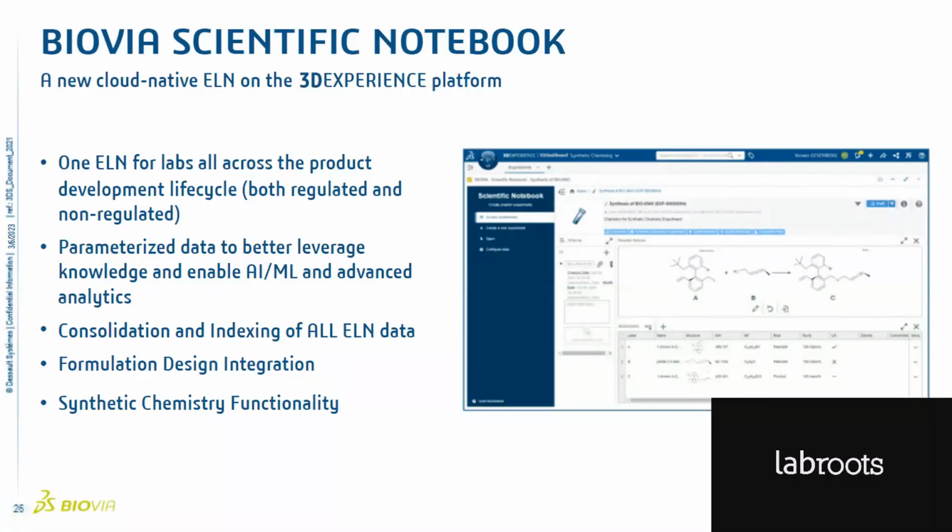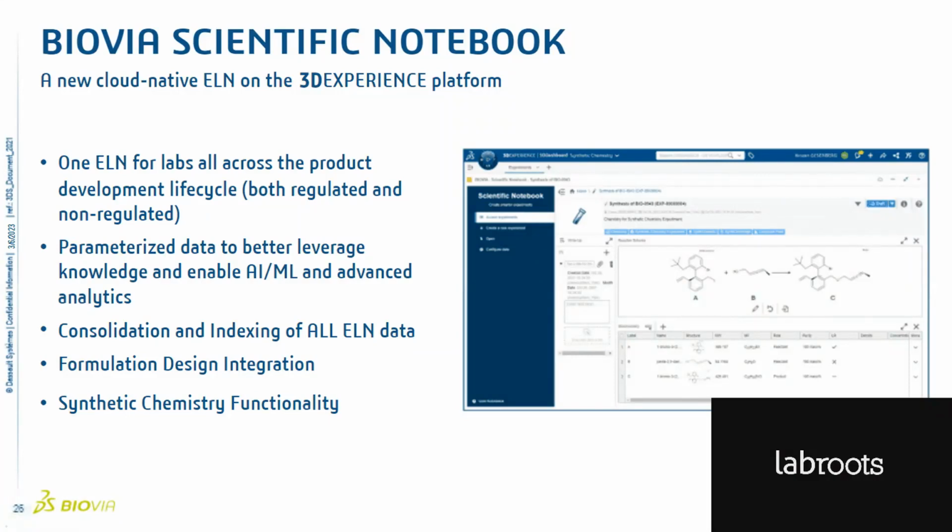It also uses that graph database that I was talking about to help parameterize the knowledge that's created in the ELN, whether it's from free text or other data sources. So then you can better leverage it, such as the use case that we were talking about, but you can expand it into other areas as well.